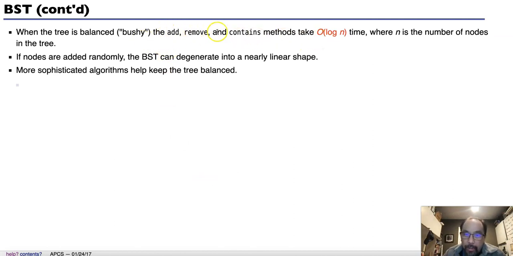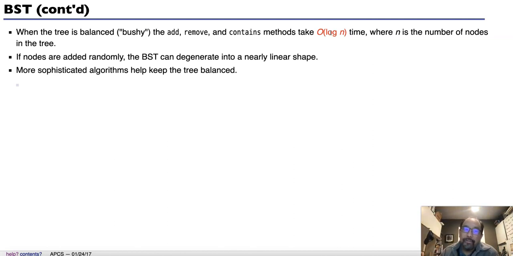And so our adding and removing and searching methods will take log n time, as long as the levels of our tree are very nicely managed and we have what we call a bushy balanced tree. But if we just randomly add or delete nodes into our BST, after a while we could have a binary tree that's very unbalanced, one with just a lot of nodes along one edge, for example.